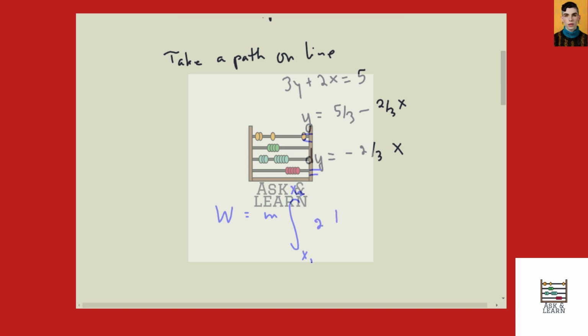And that is 2 dx minus, oops, I forgot my differential up there, minus 2 dx. And that is 0, no matter what your endpoints are.